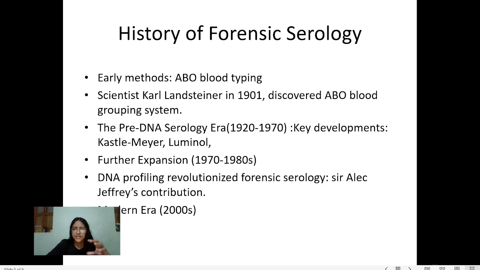Now, DNA profiling came into play by the mid 1980s. In 1984, Sir Alec Jeffreys discovered DNA fingerprinting. DNA testing quickly overtook traditional serology because it could give a unique match.